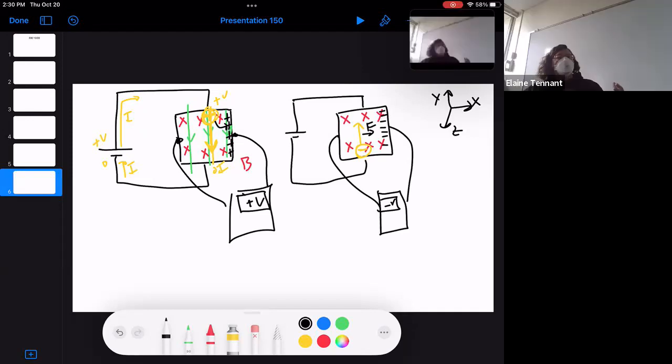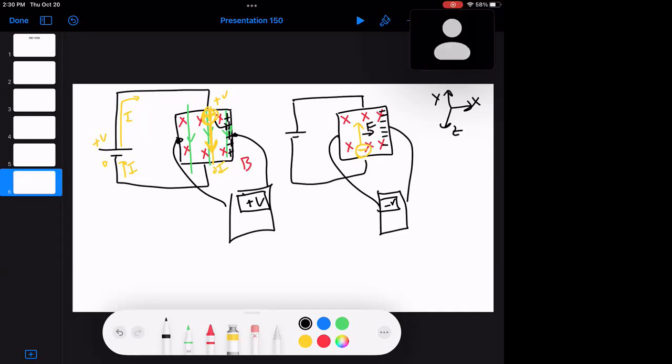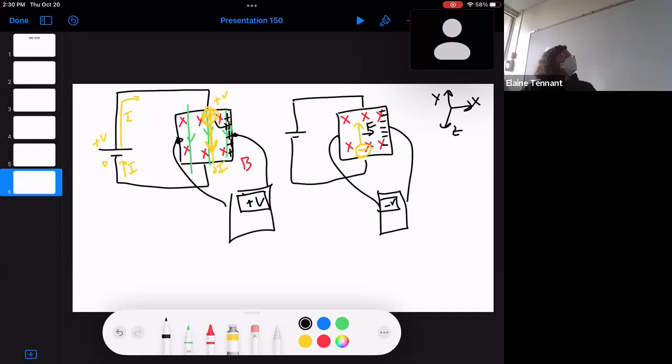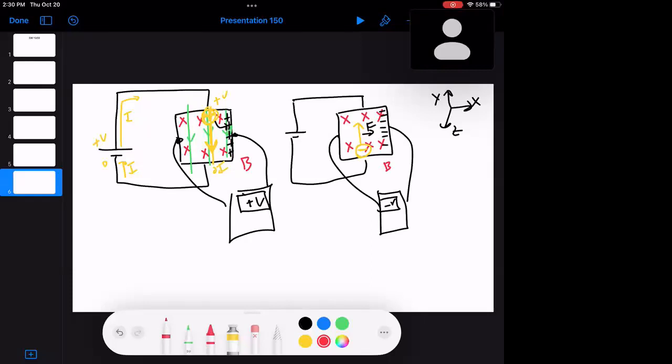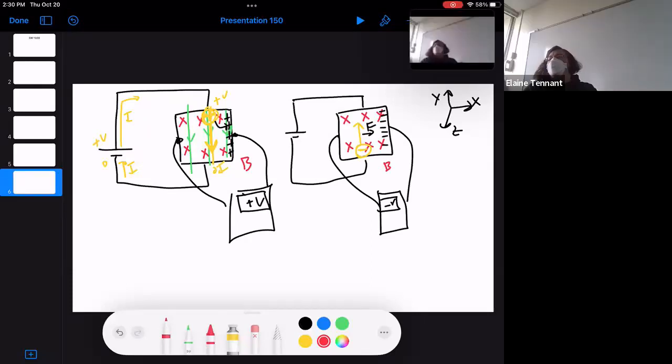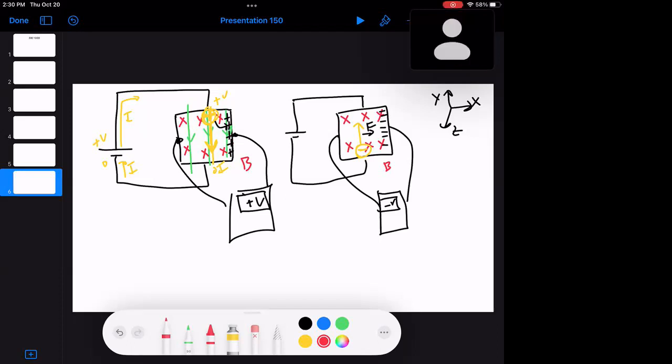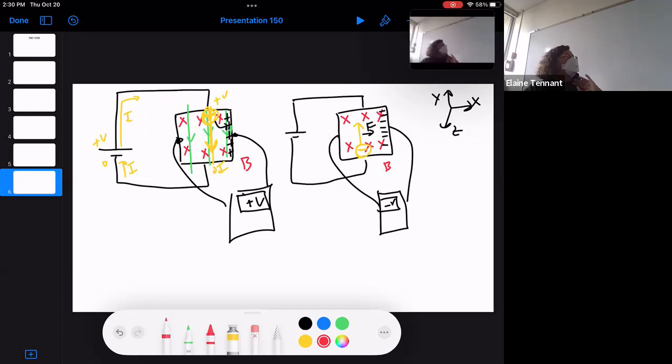Now you can go further than this, and you can by figuring out how large this voltage is versus how large the magnetic field you put across here is. You can say what is the charge per carrier, and how many carriers you have, so you can more closely characterize this.